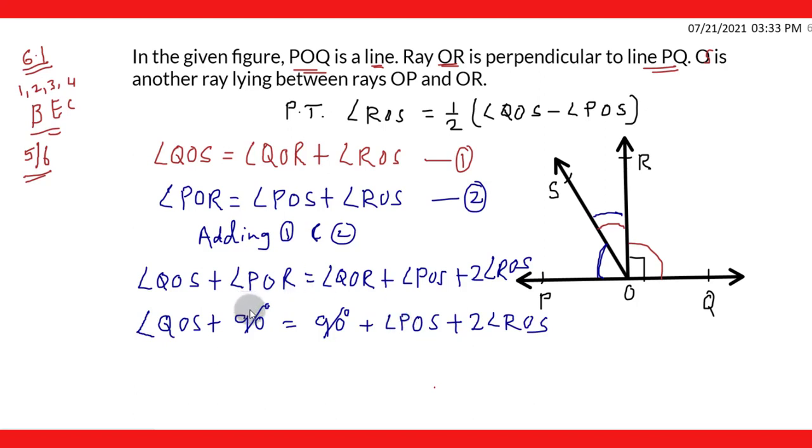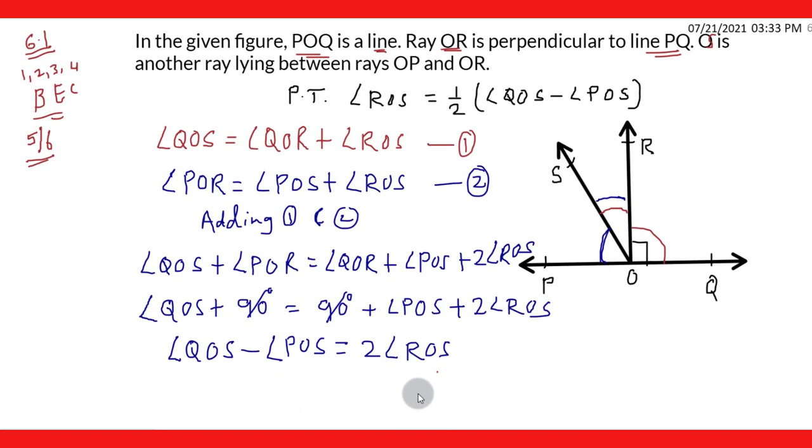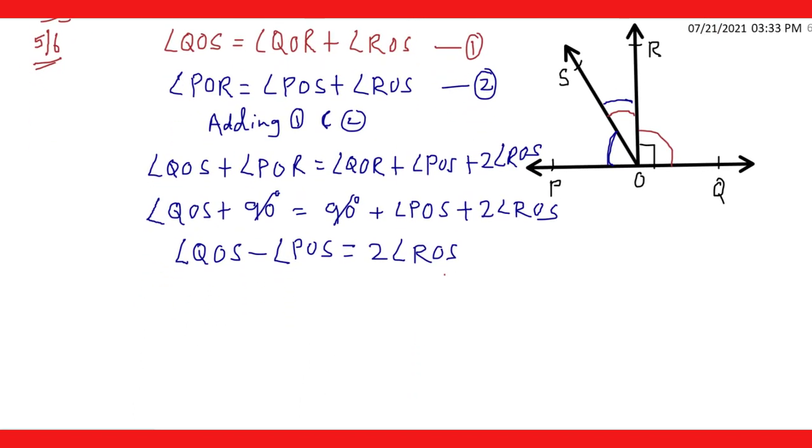What we want? QOS minus POS. So take POS to this side. So you will get angle QOS minus angle POS, which is equal to twice of angle ROS. Correct?